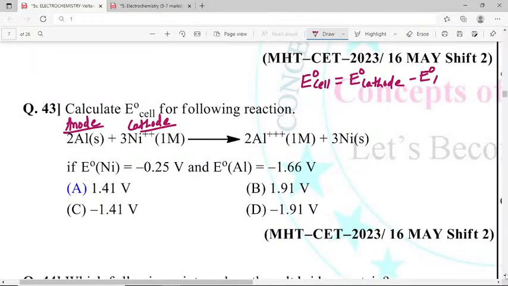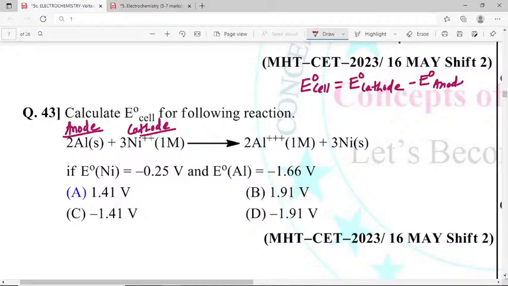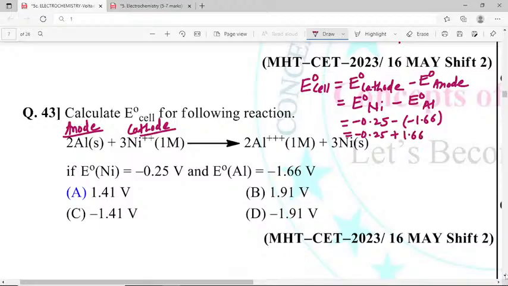The cathode is nickel, minus the anode, which is aluminum. E naught nickel is minus 0.25, minus aluminum's minus 1.66. So minus minus becomes plus: minus 0.25 plus 1.66 equals 1.41. So this is your answer.